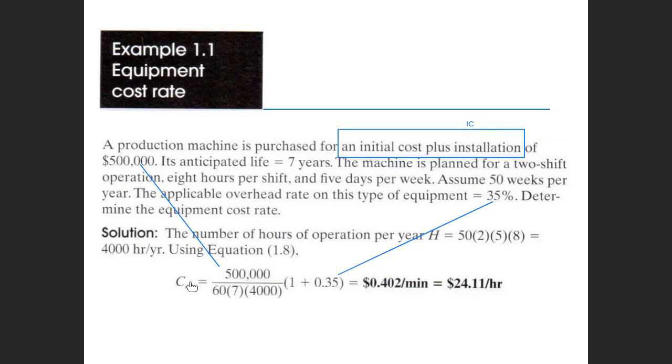So the equipment cost rate is multiplied by 1 plus the equipment overhead rate, and then you get $1.402 per minute, or dollars per hour. It depends on what you need, right? Is it clear? Any question?